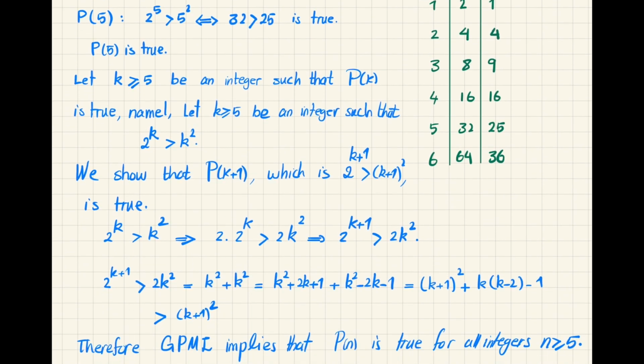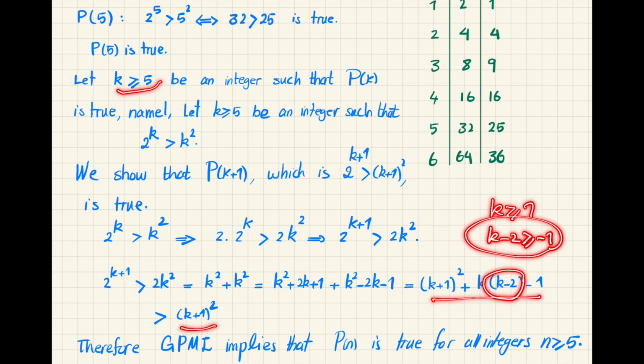So what you have done here is exactly the same until the very last step. You can take all these steps up to here, but you cannot go to this one, because if k is greater than or equal to 1 instead of greater than or equal to 5, then k minus 2 is greater than or equal to minus 1, so that becomes a negative number.